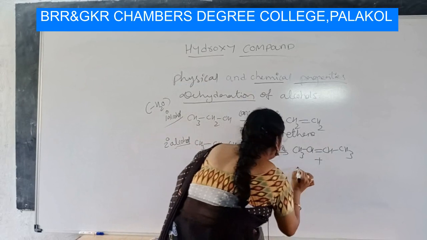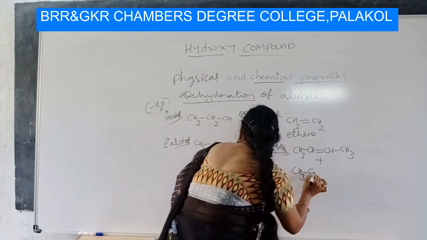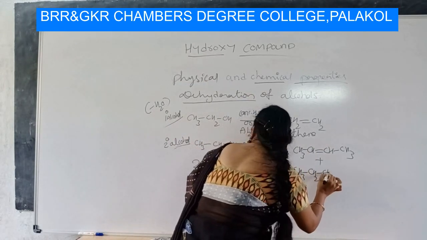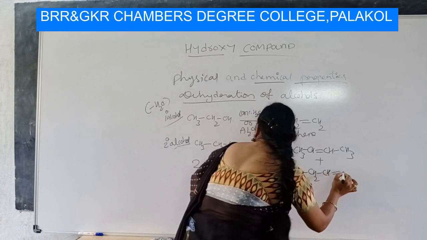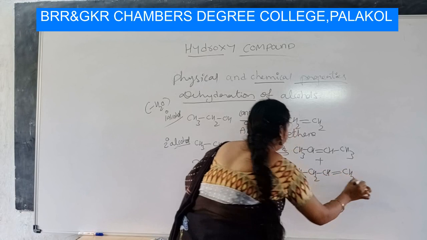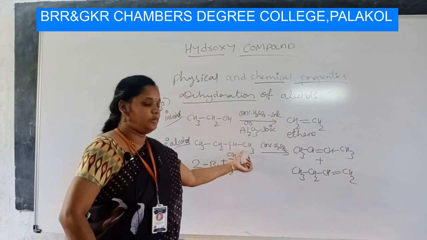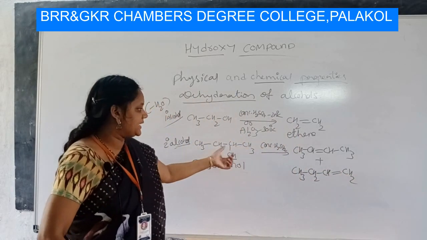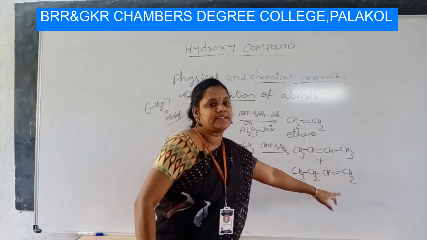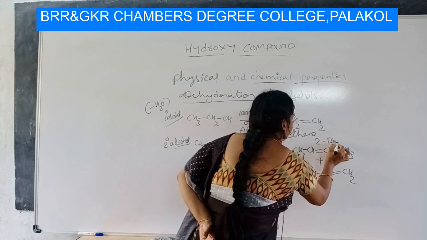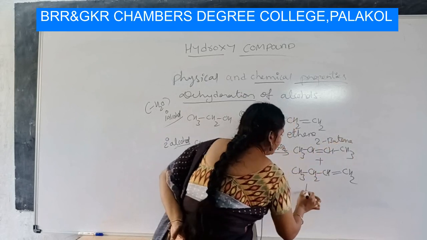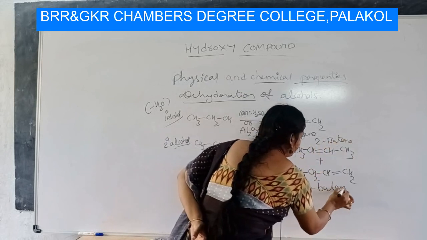You will get CH3, CH2, CH, double bond CH2. In one case you got a double bond here, and in the other case you got a double bond here. So this is 2-butene and this one is 1-butene.